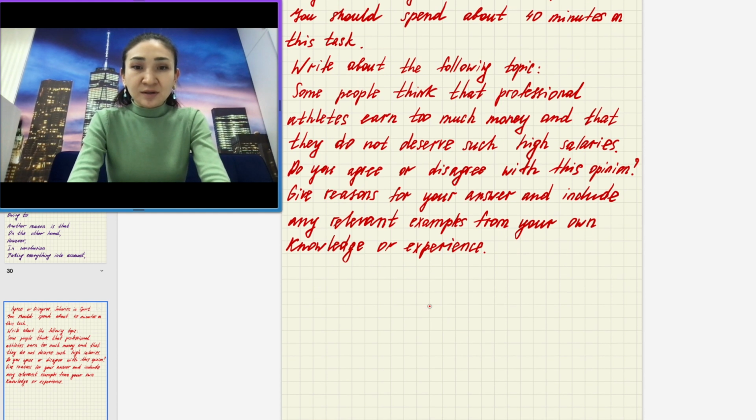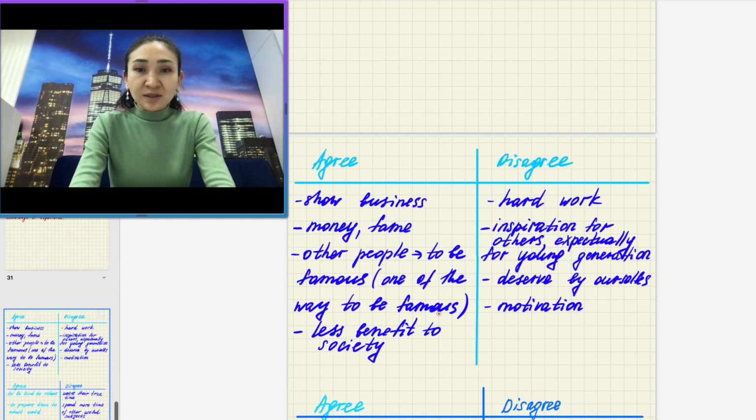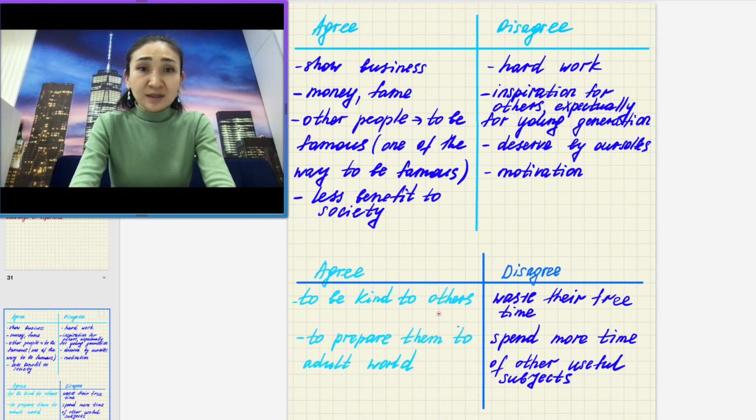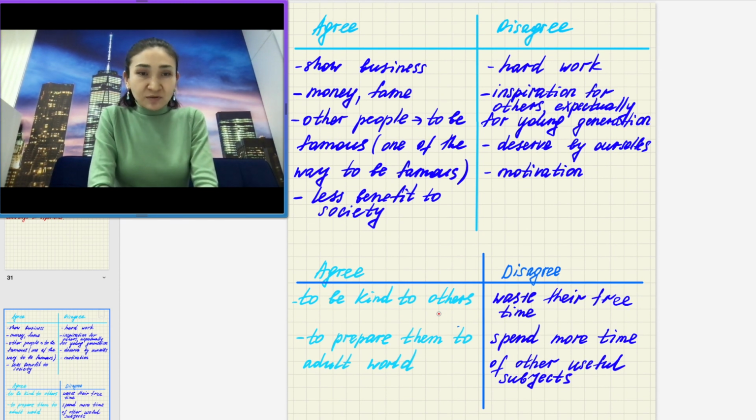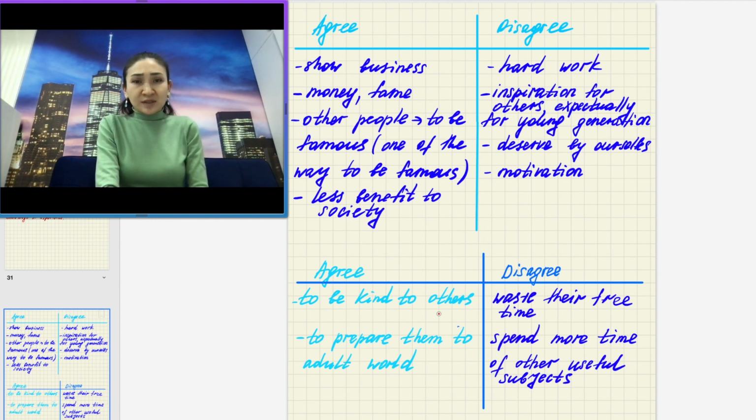So we got the task, and we go with all of these statements, where we agree or disagree. I give you two statements just as an example. Let's say in case of agree, professional athletes go into show business, they have money, they have fame. In case of other people, they became very famous, and they have less benefit to society.